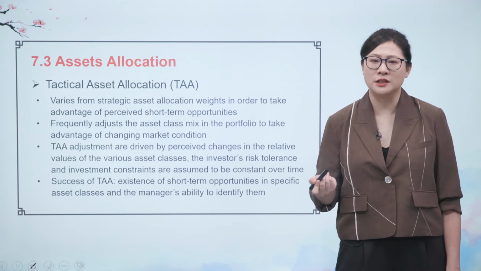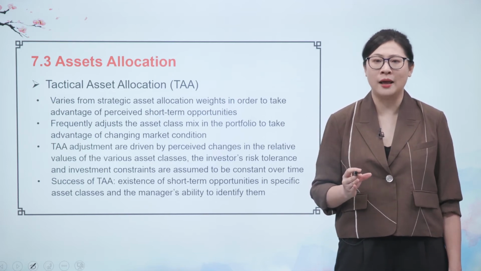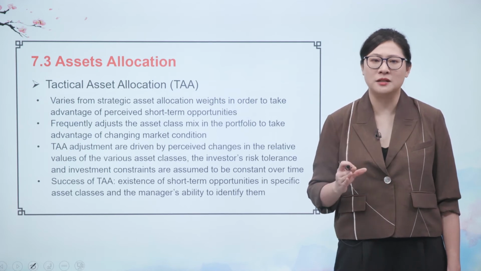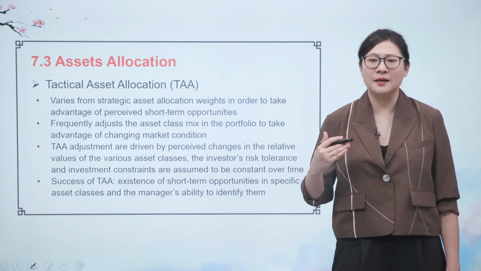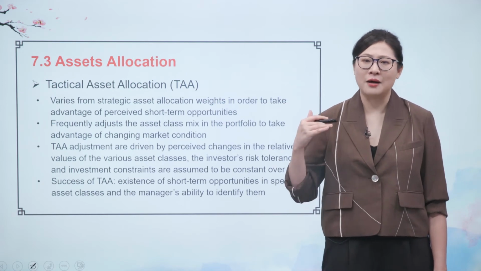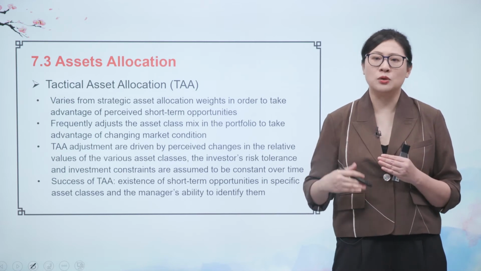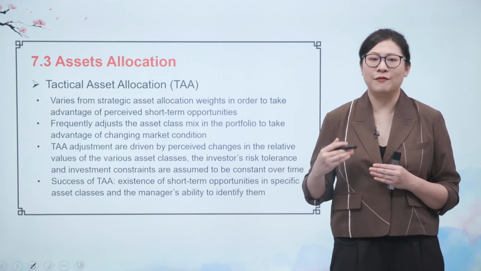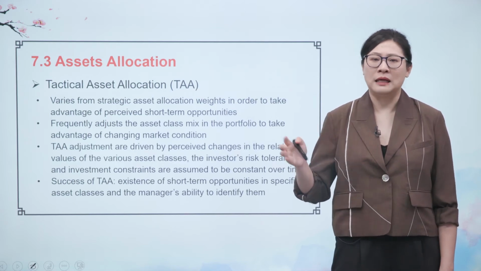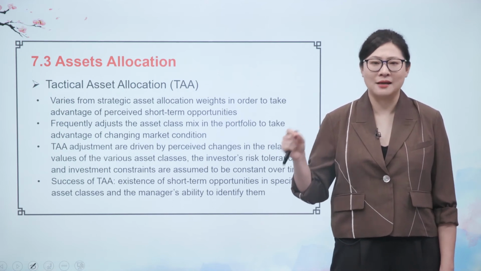In other words, after you decide your policy weight, SAA, and you anticipate the market, if you find that in the short term equity will go up, you will increase the proportion invested in equity. So definitely that's the TAA. It's the deviation from your SAA.